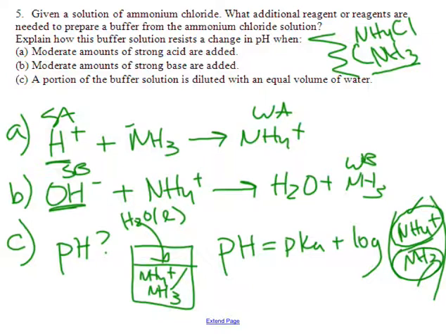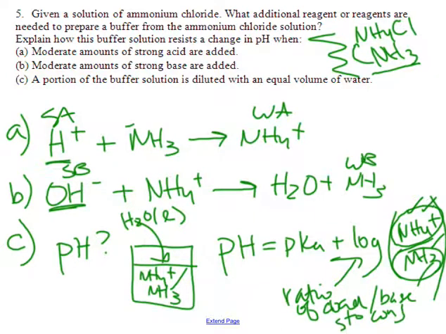The ratio stays the same. If I add 10 mils to this and 10 mils to that, yeah, I'm changing their individual concentrations, but I'm changing them the same. So adding water, the ratio of acid or base to conjugate stays the same. So the pH does not change.